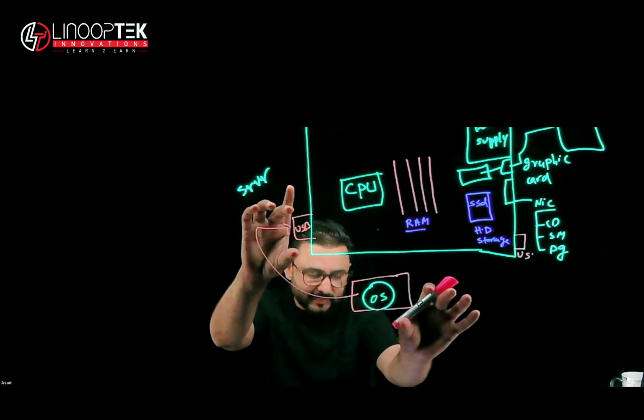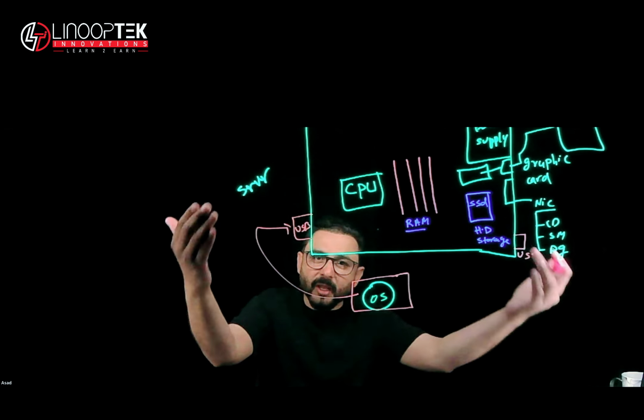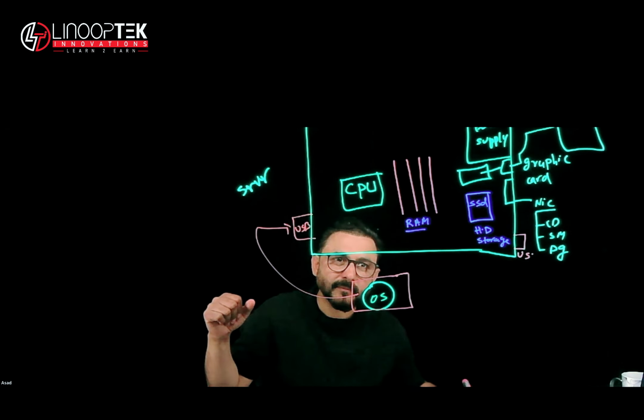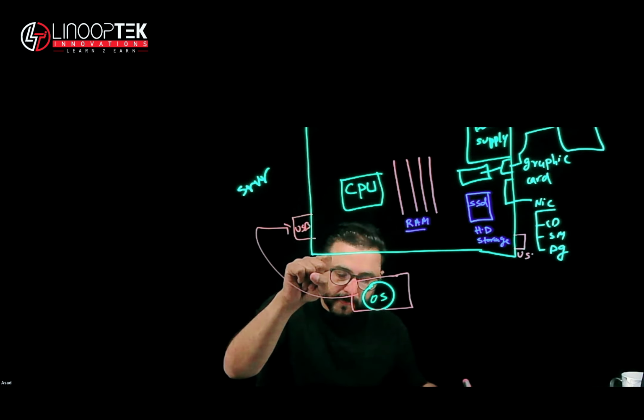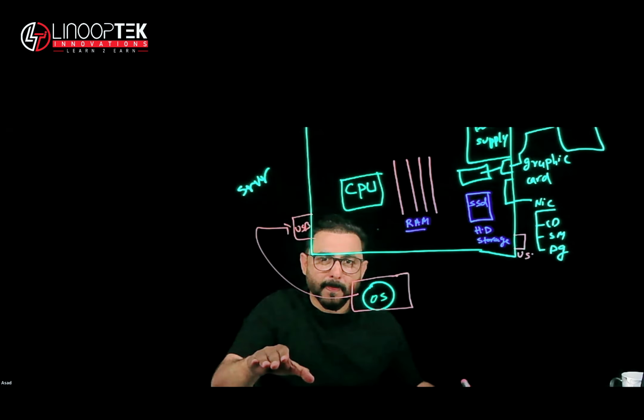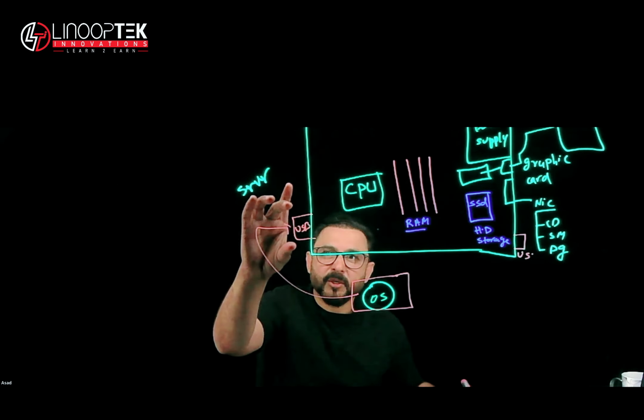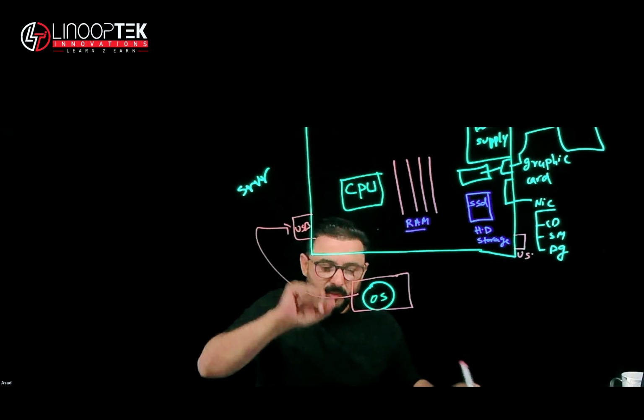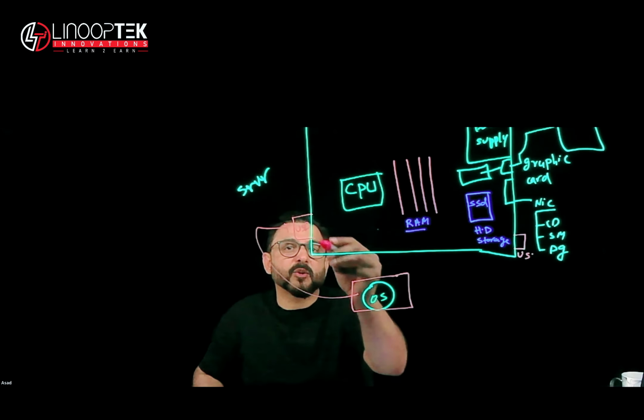But if you stick this USB in and you start the installation process, let me ask this question. What is the role of these components when you install from this USB? First of all, where are the files going to be saved?